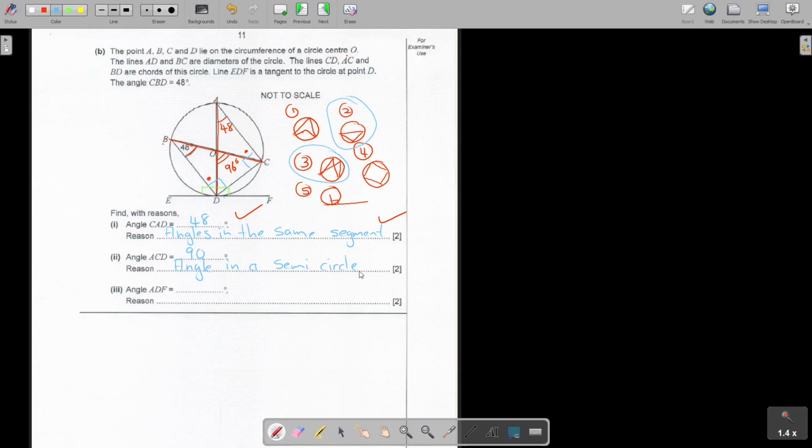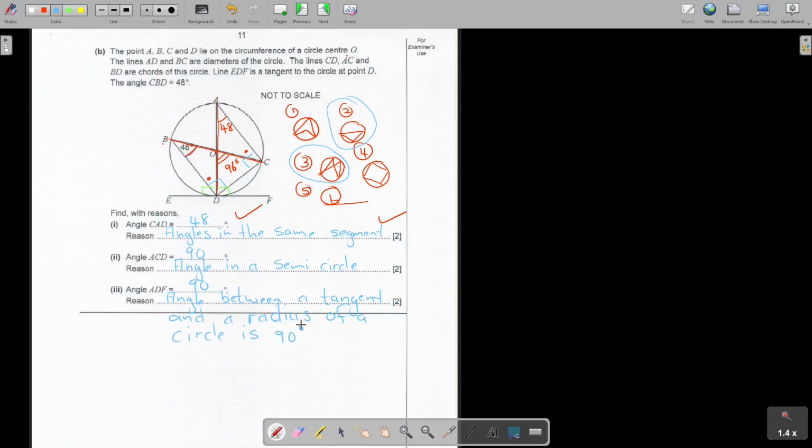And then the last one, angle ADF. Let's just see. ADF. That green one, we already have that. It's also 90. What is the reason? Angle between a tangent and a radius of a circle is 90 degrees.